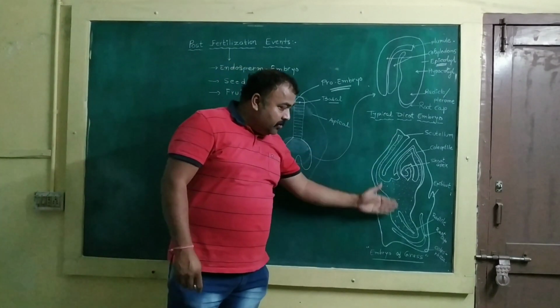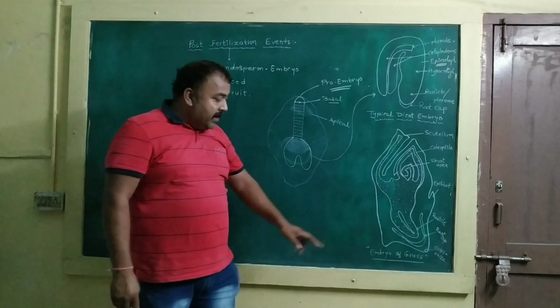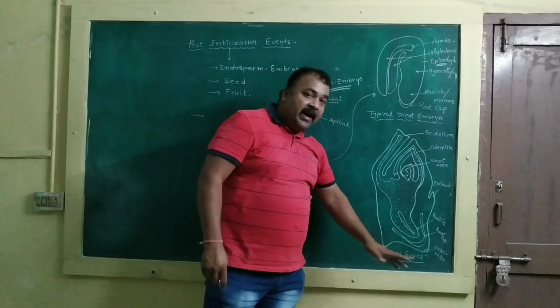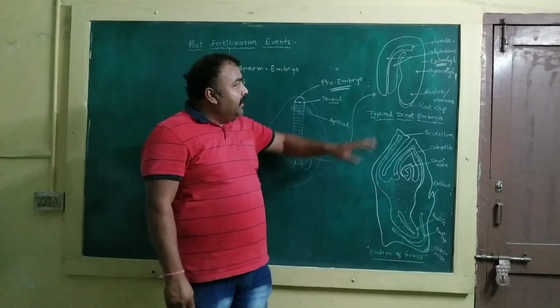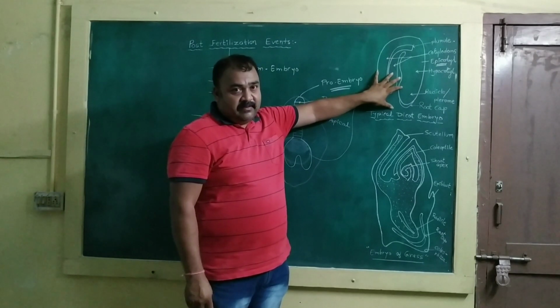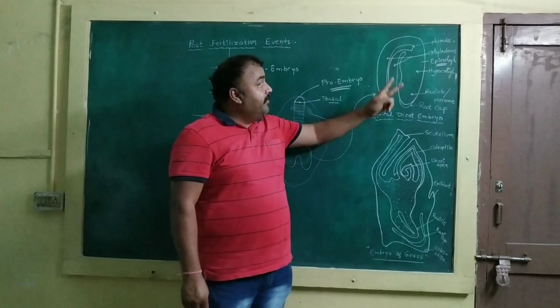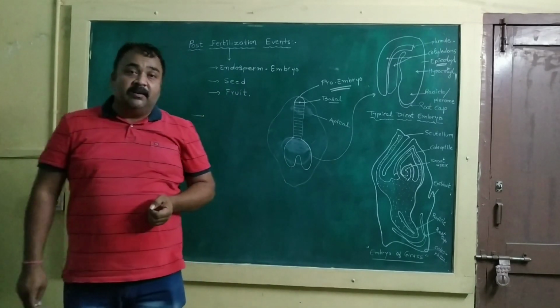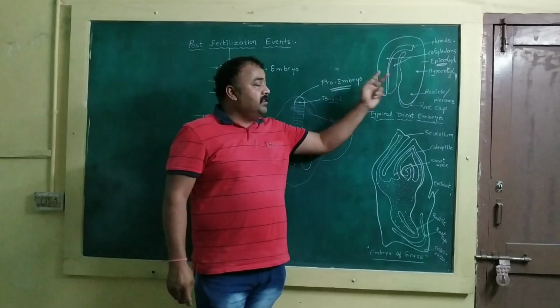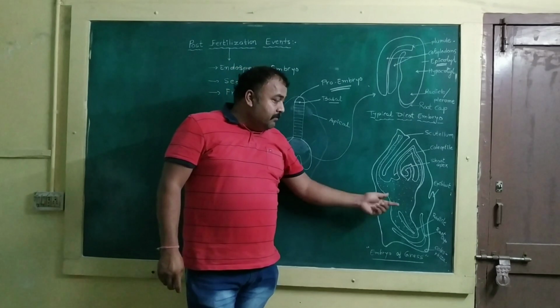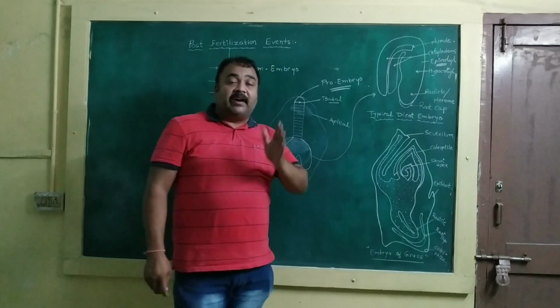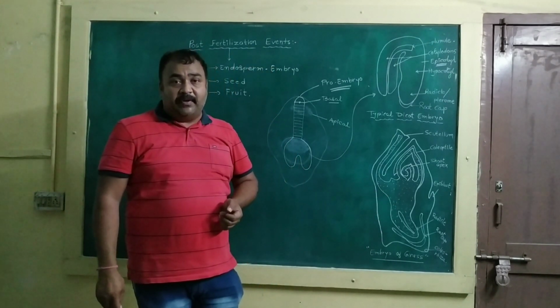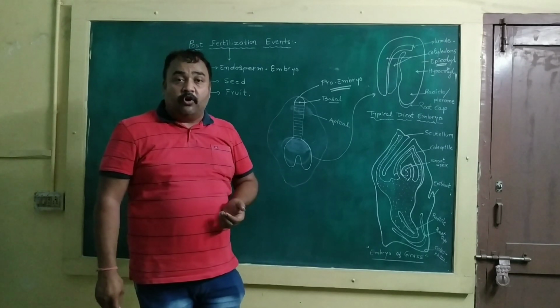Now concentrate on the second diagram, that is the embryo of grass. In the previous diagram, we observed that two cotyledons are present because it is a dicot embryo. But here it is grass family, and grass family is a kind of monocot.